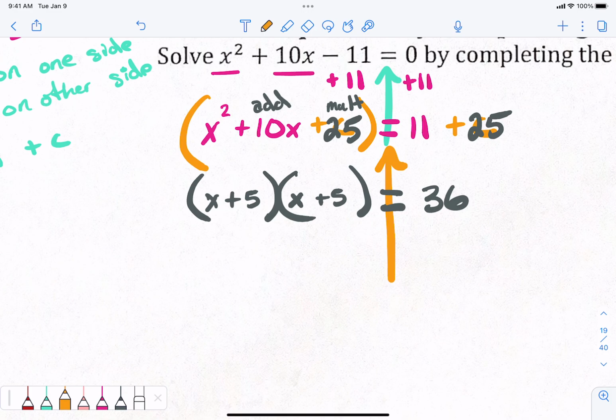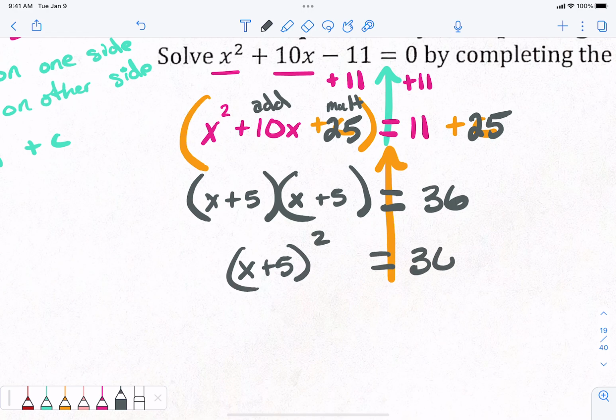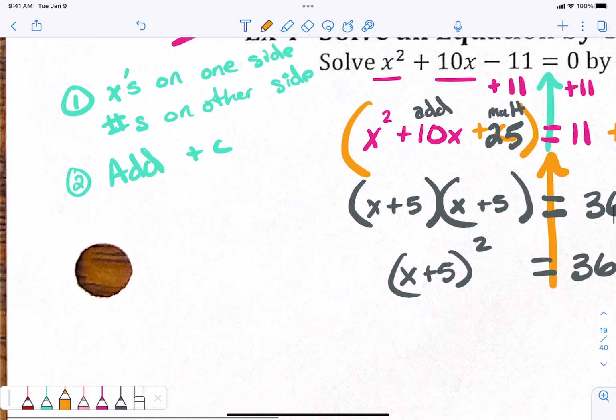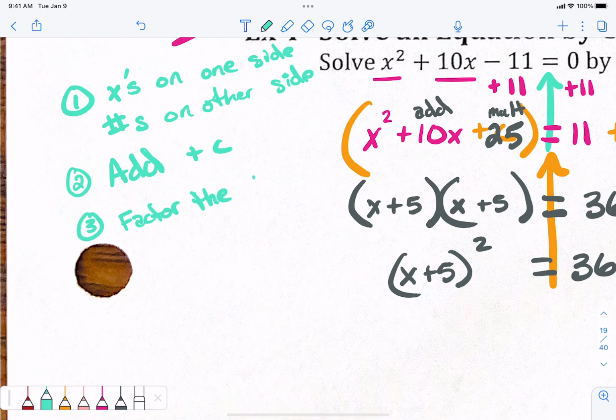Okay, then we just treat this like normal, right? I want to write this left side as x plus 5 squared, because that's what that is, equals 36. And then I just do that square root property. Okay. Oh, step number 3. Step number 3 was factor the simple trinomial. We factor that simple trinomial. Okay.